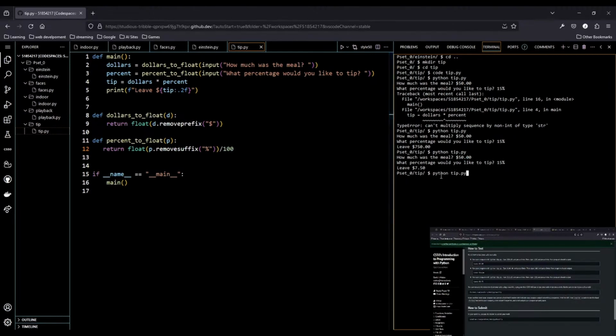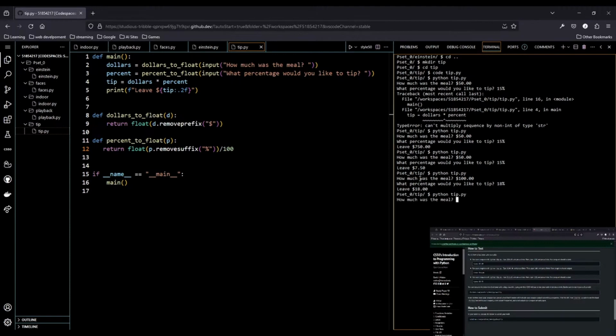So let's try the next one. Divided by 100, 18, shift percent, 18.